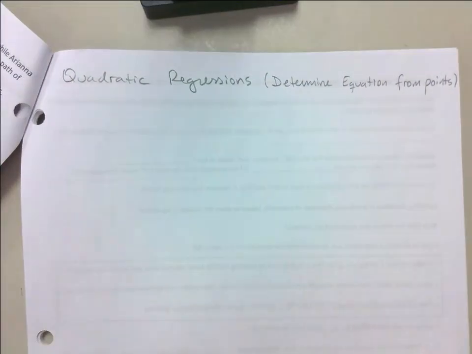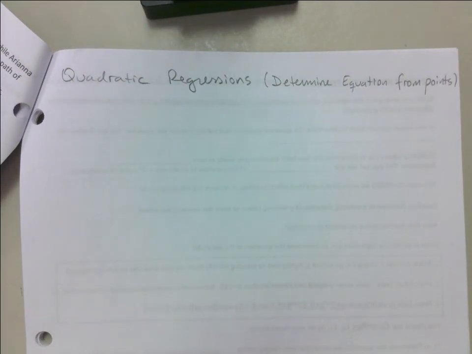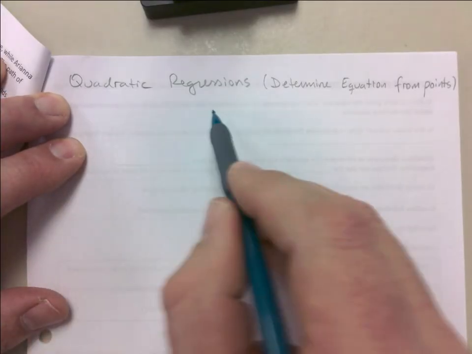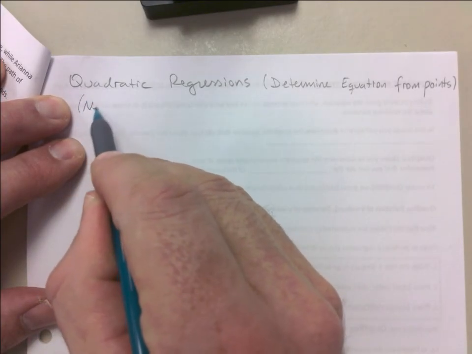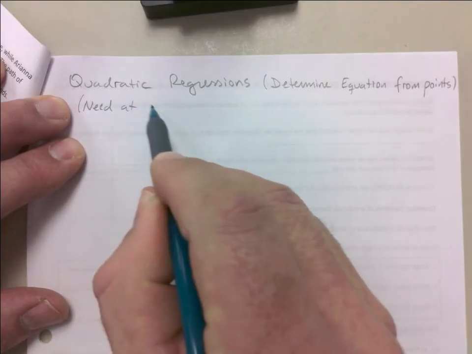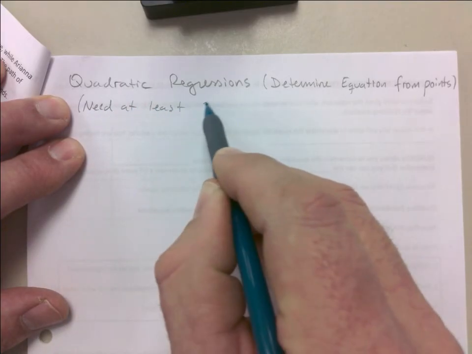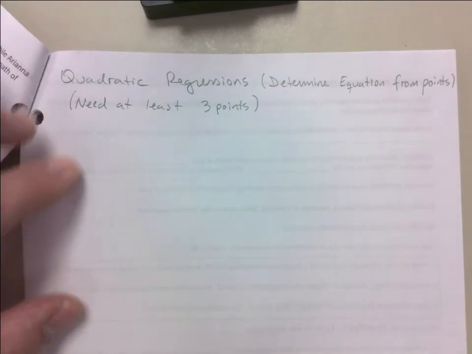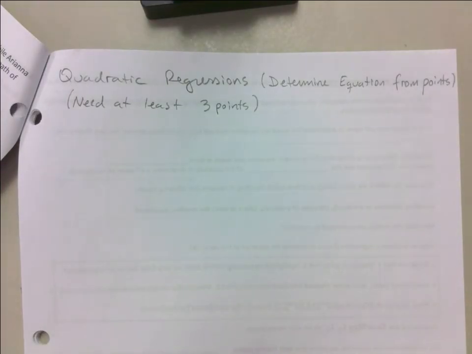So you're going to be given points, or you might have to come up with the points yourselves, and then we're going to come up with the equation that works for this scenario. Okay? You need at least 3 points. Otherwise, this is not going to work for you.